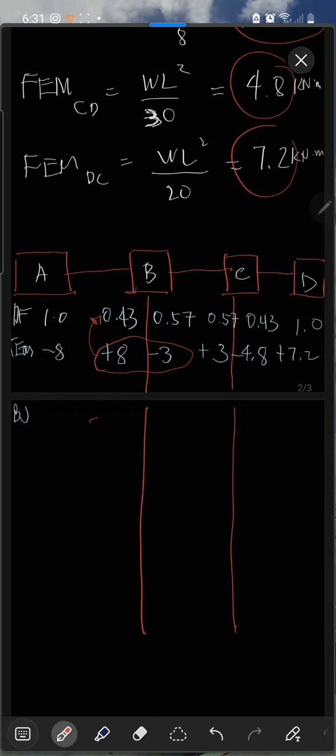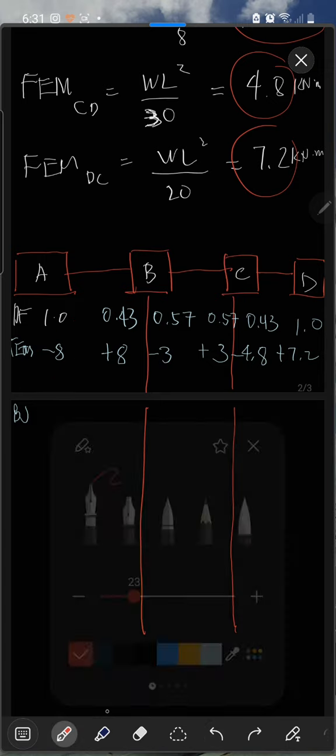Okay, so i-add ninyo ang FEM, multiply, change the sign. Karon dire, wala man kay ma-add, diretso ra nimo multiply, then change the sign. So proceed ta.